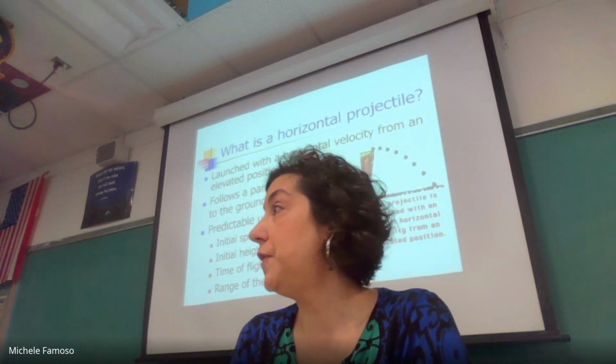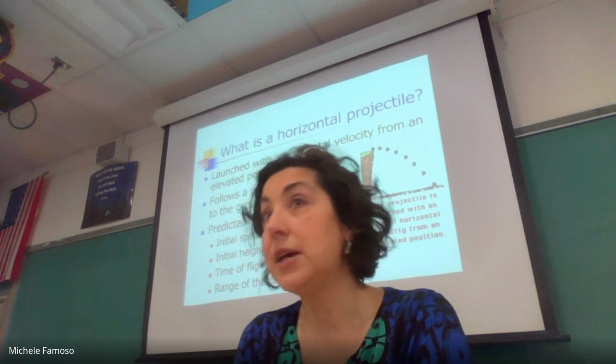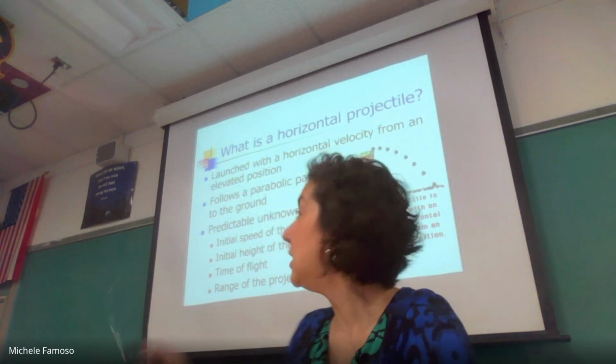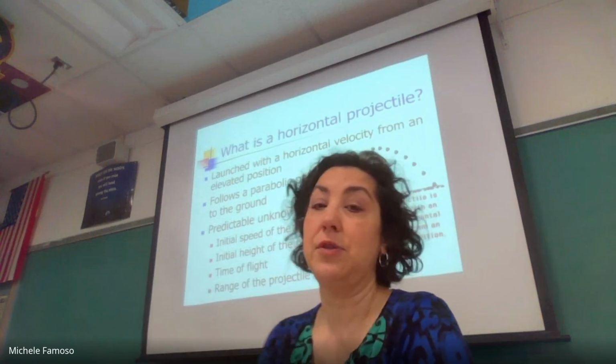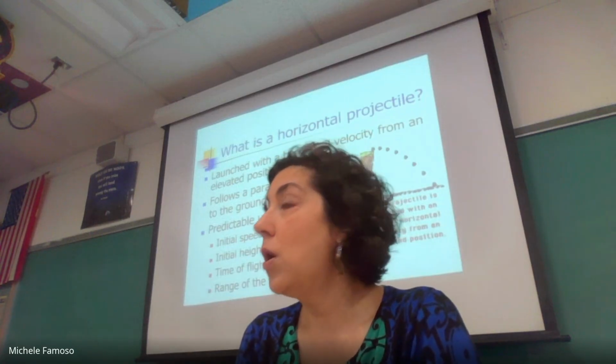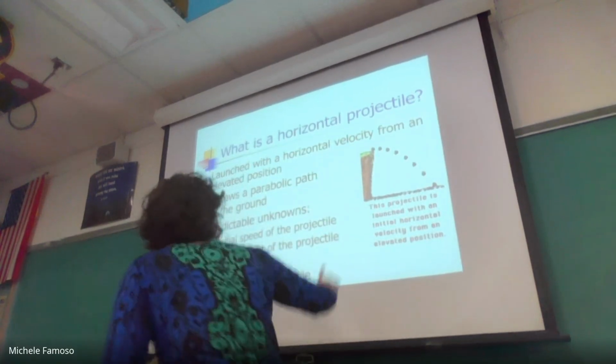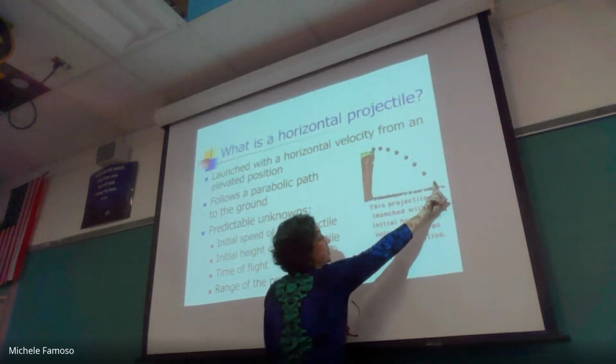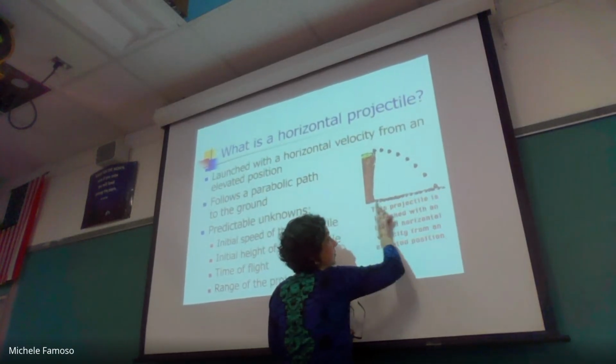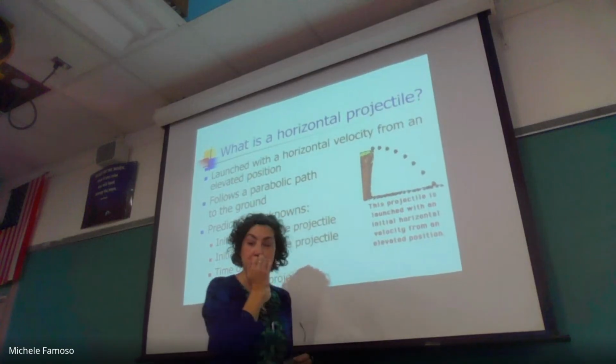I could ask you to find the hang time, which is the time of flight. How long does it take it to go from the top of the cliff down to the ground? Or I could ask you to solve for the range, which is the horizontal distance from the launch position to the landing position. That is the range going outward in the forward direction.